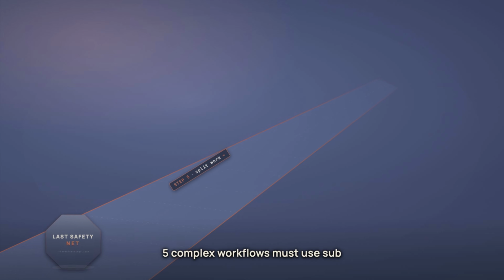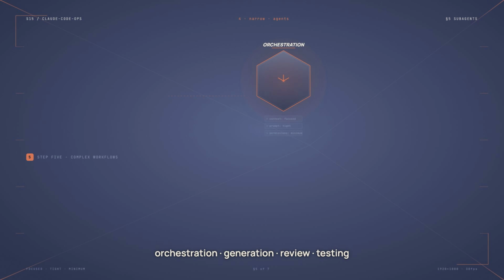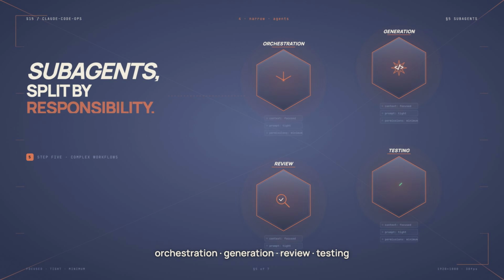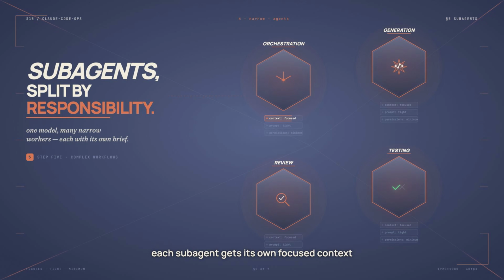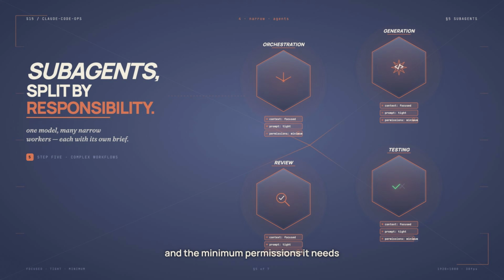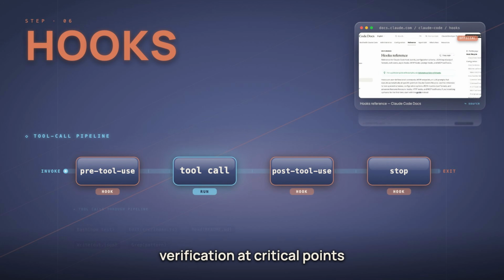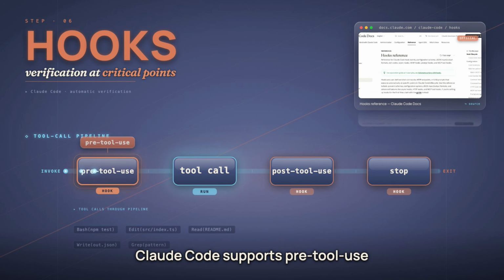5. Complex workflows must use subagents. Split by responsibility. Orchestration, generation, review, testing. Each subagent gets its own focused context, its own tight prompt, and the minimum permissions it needs. 6. Add hooks for automatic verification at critical points.